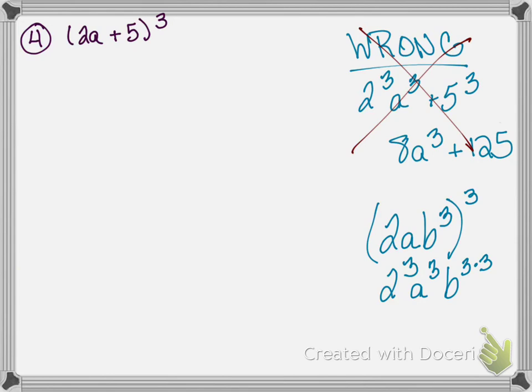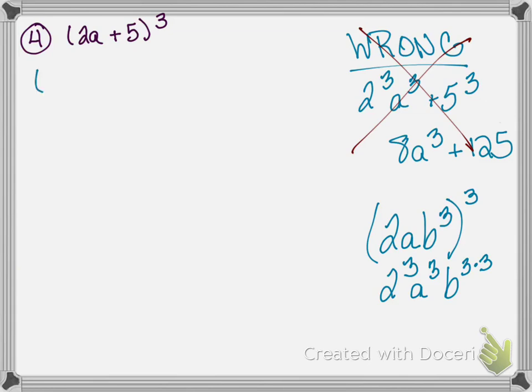All of these are being multiplied together. That's why I just give that 3 to everybody. There's an exponent rule that tells us to do that. And we want to do that with that one. But we can't. Okay? For this one, it's addition. This rule doesn't apply. Okay? What we have to do here is we have to keep that binomial together.